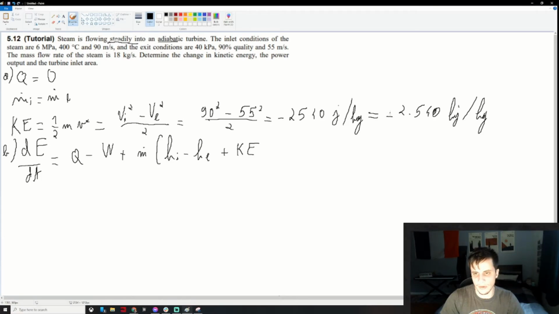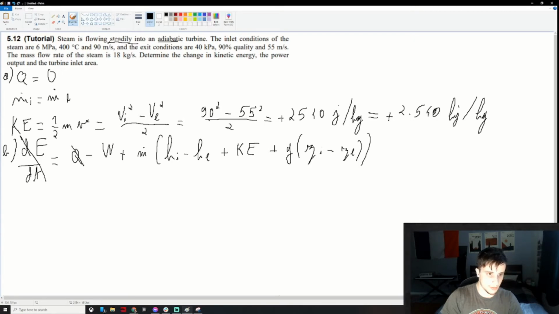Actually, no, this is positive, by the way. And then the altitude: you can factor gravitational constant and then Z at the inlet minus Z at the exit.